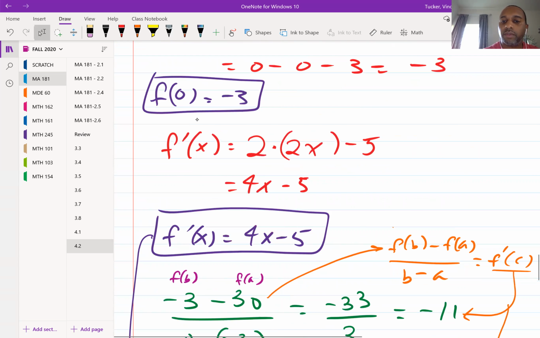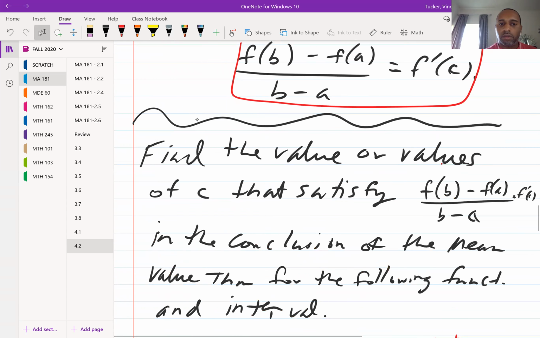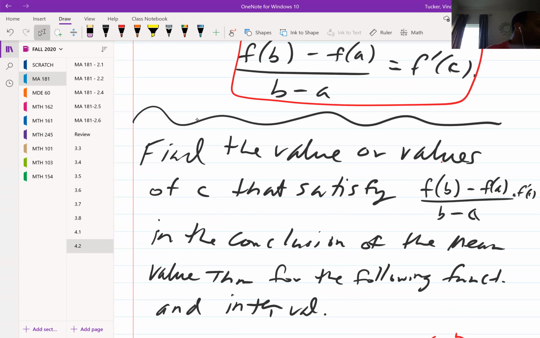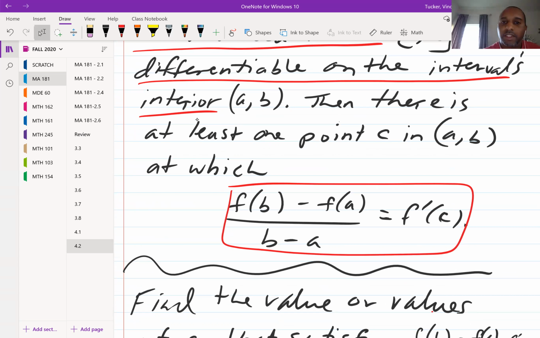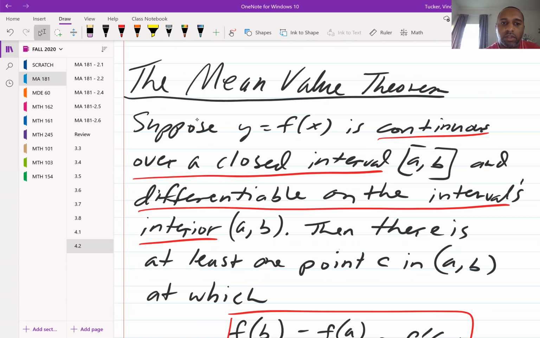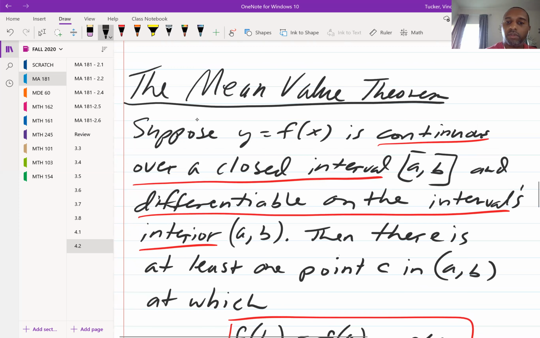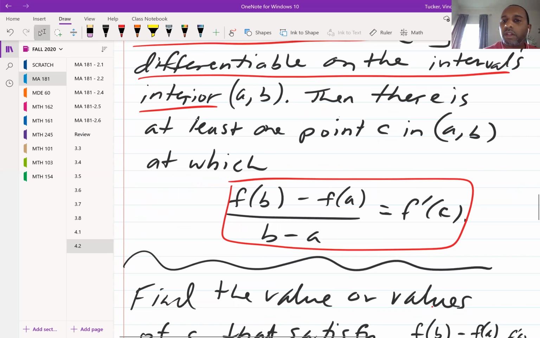I'm trying to just relate it back to our theorems. So C is the minimum or the maximum of that graph of the original equation.